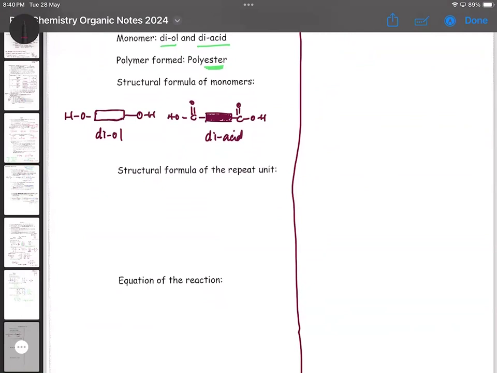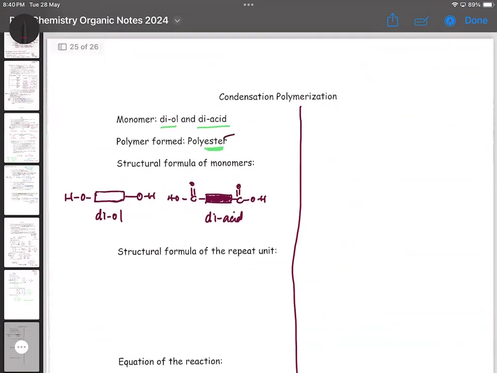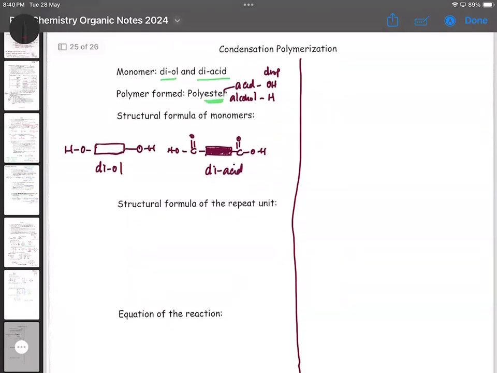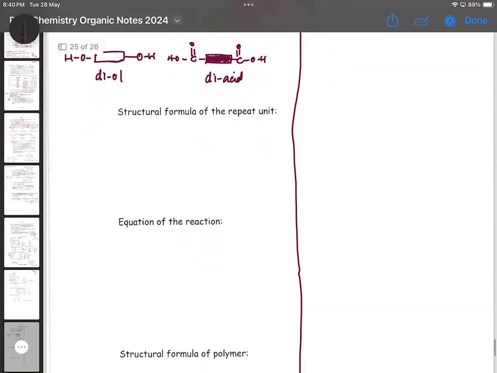As we did with esters just now, in the formation of esters, we say that the acid will drop the OH. The alcohol group will drop the hydrogen. Then we join them up together. So let's try to drop.